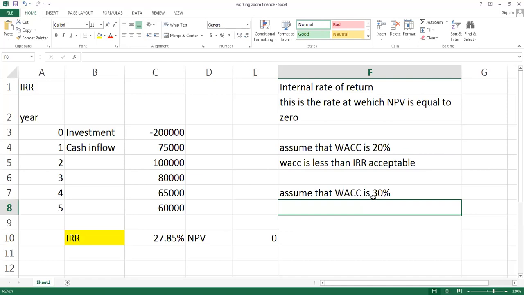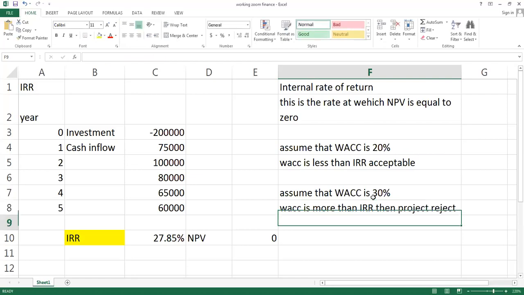In this case, student, if WACC is more than IRR, then project reject. So these are the two criteria which play a very important role when you are attempting the concept of IRR.